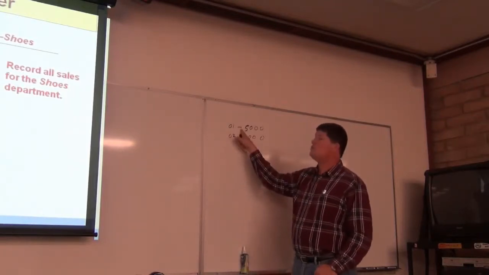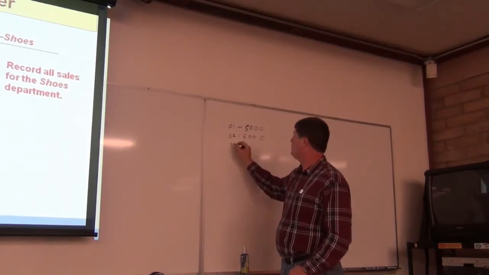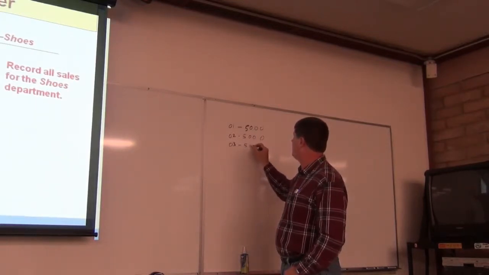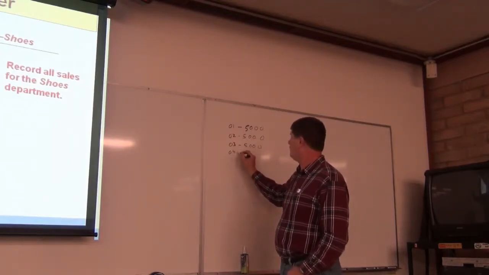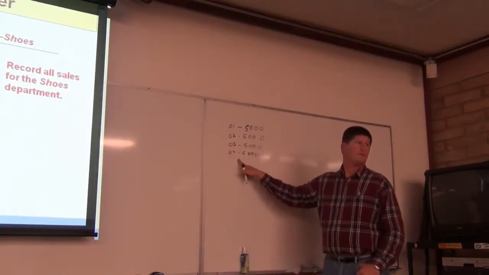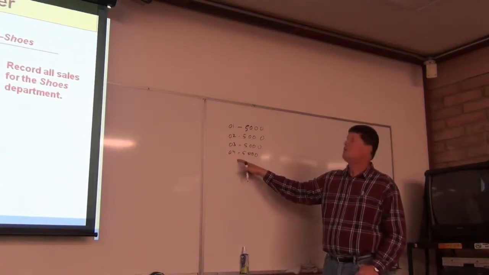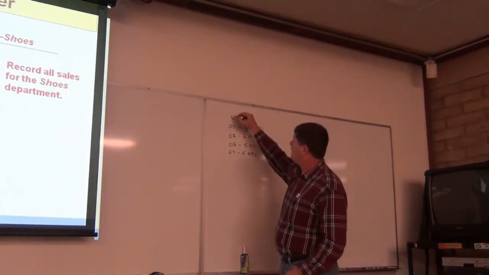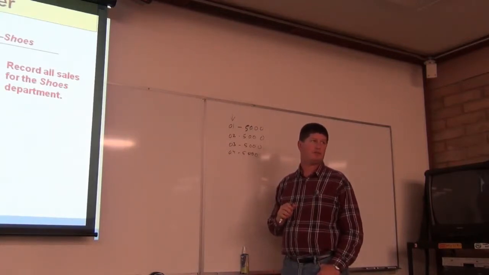Okay? So there's shoes. There's clothing, shoes, jewelry, something else, small appliances, whatever it is, right? So by putting some sort of a department code in front of it, you can achieve these things.